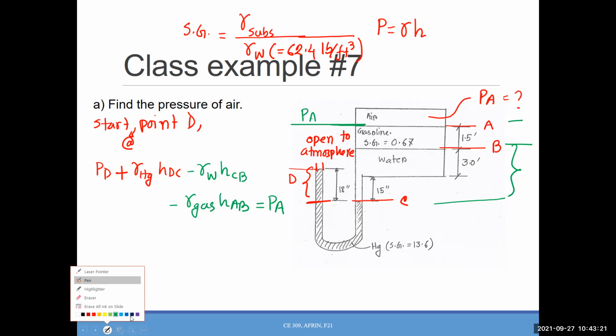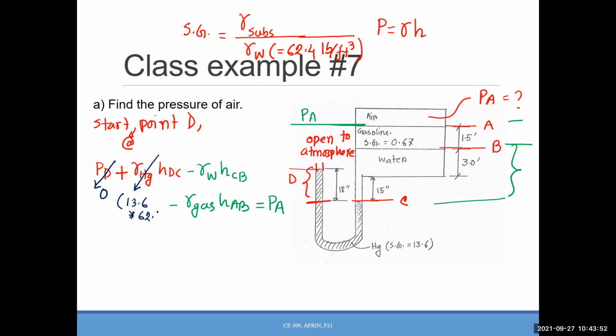All of you got the same expression? Everyone? Raise your hand if you got the same expression. Okay. Jordan, you got the same expression? Okay. So, what will be the value for gamma mercury? 13.6 multiplied with 62.4, right?